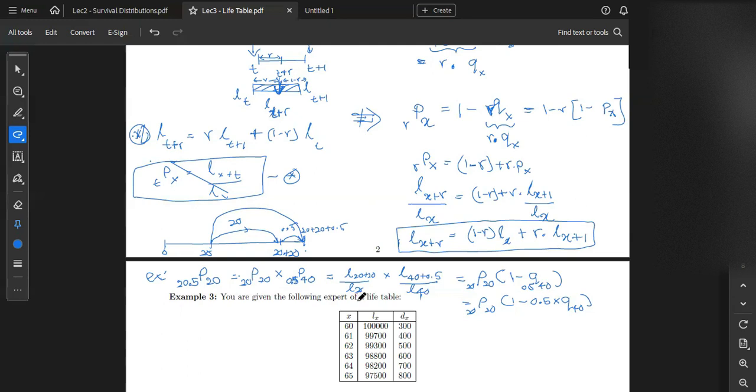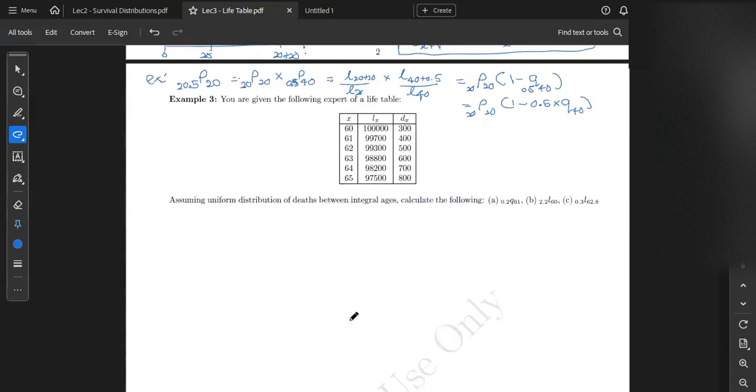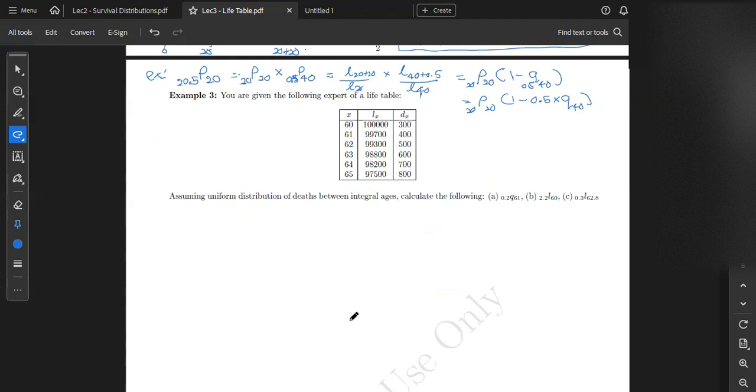So let's apply this to this life table here. We are given a life table now.